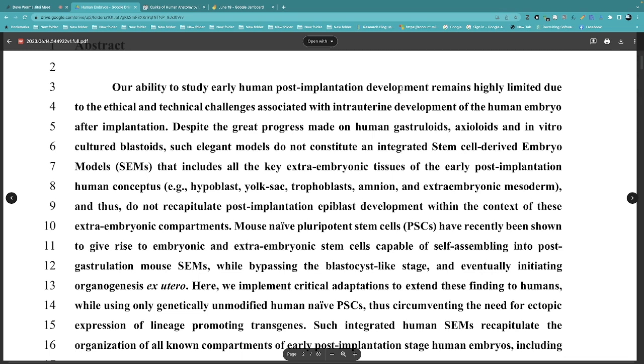There's this implantation stage where it gets implanted in the uterus, and that is key to the success of that fertilized embryo making it to a live-born human.